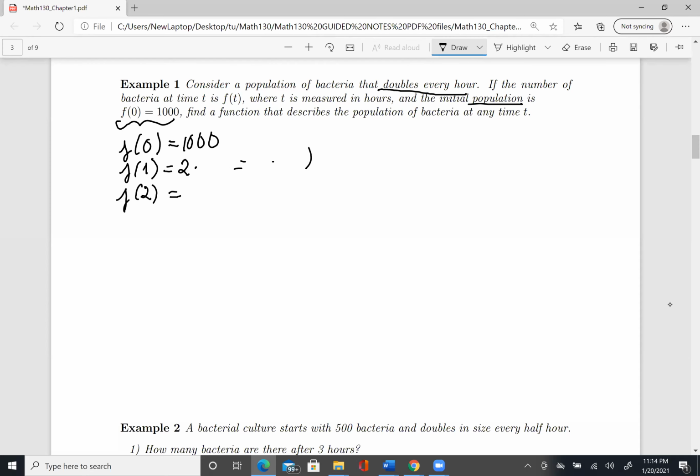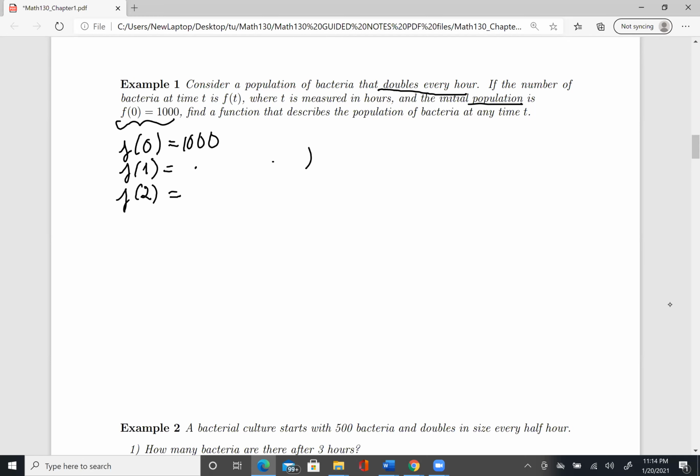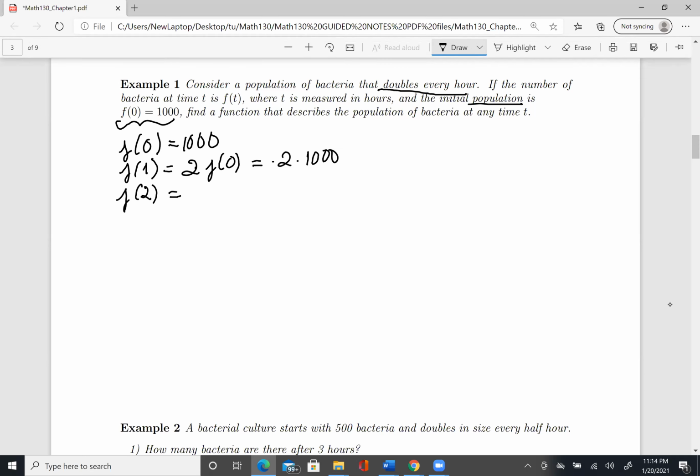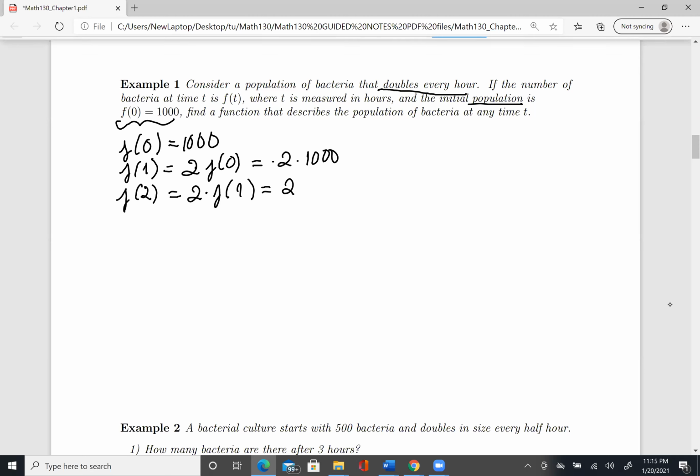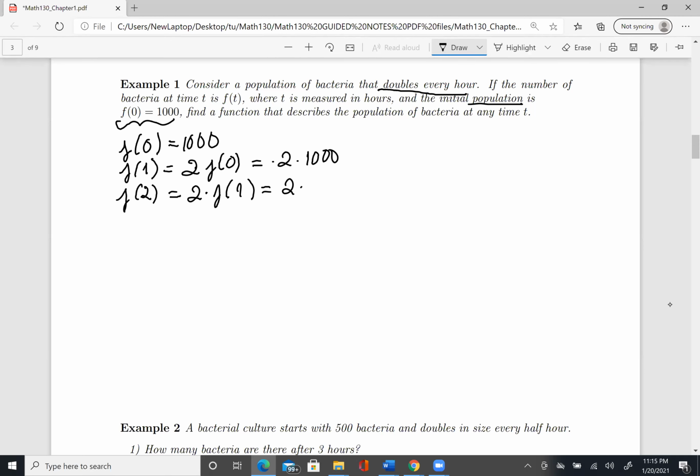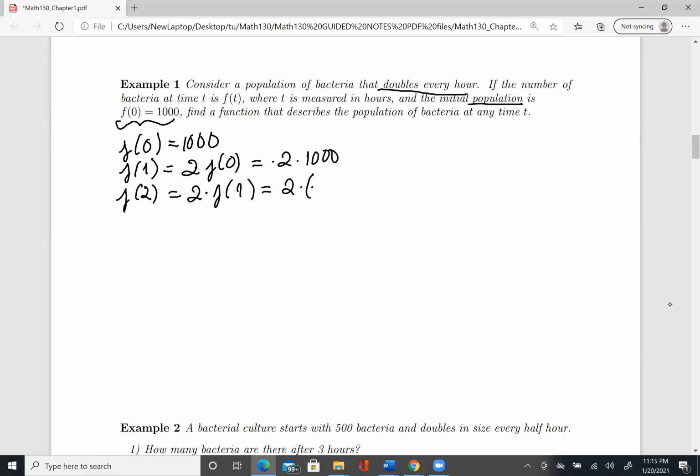Maybe I rewrite it like this, better. For f of 1, I'm going to write 2 times f(0), which is 2 times 1000. And then f of 2 is going to be 2 times f(1), which equals 2 times 2 f(0).